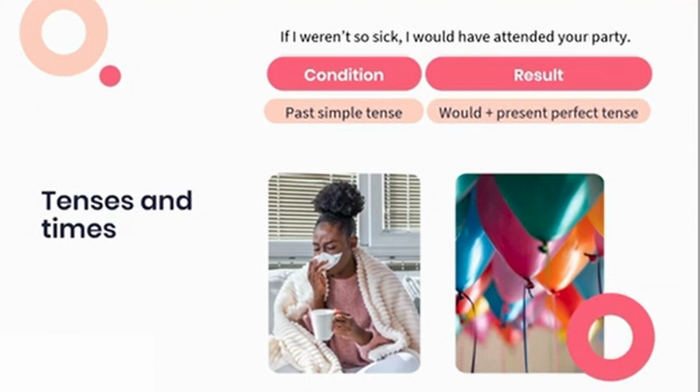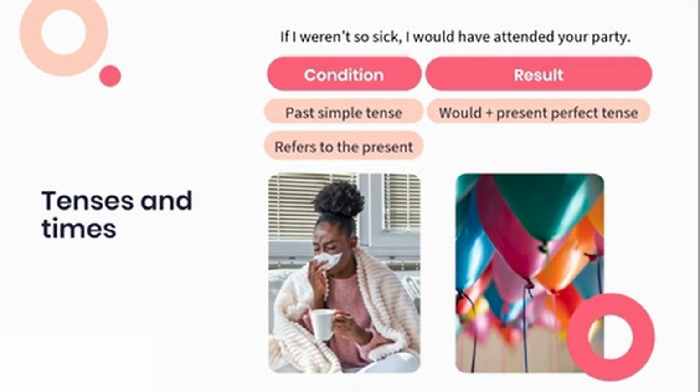Now, to what time does the condition refer? Not tense, but time. Don't let the past simple tense fool you, because the condition actually refers to the present. I am sick now. It's a present condition because the condition is true now. And what about the result?